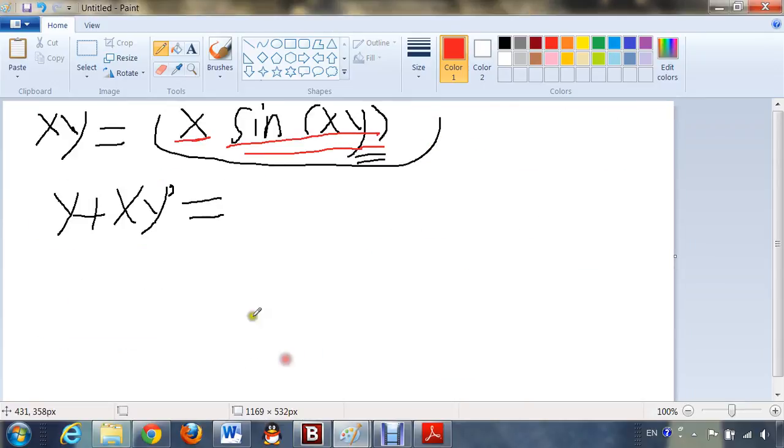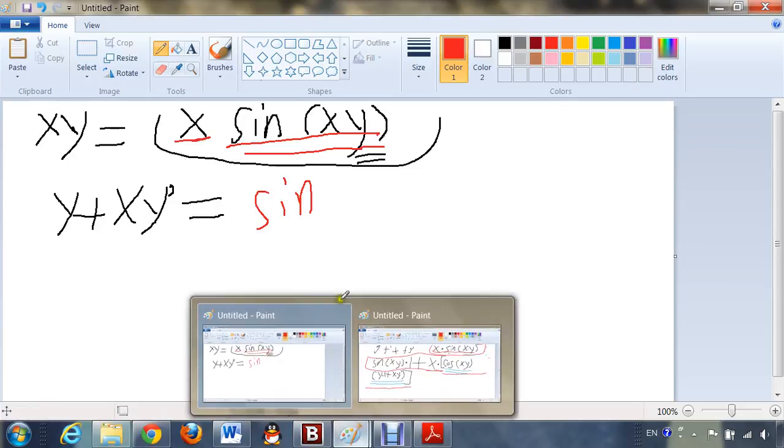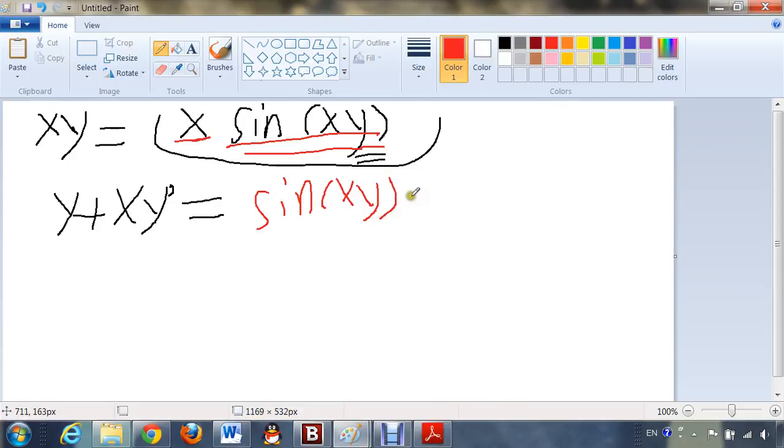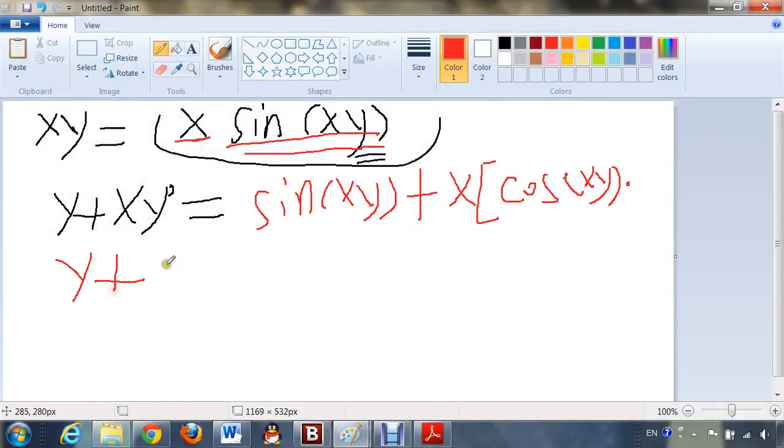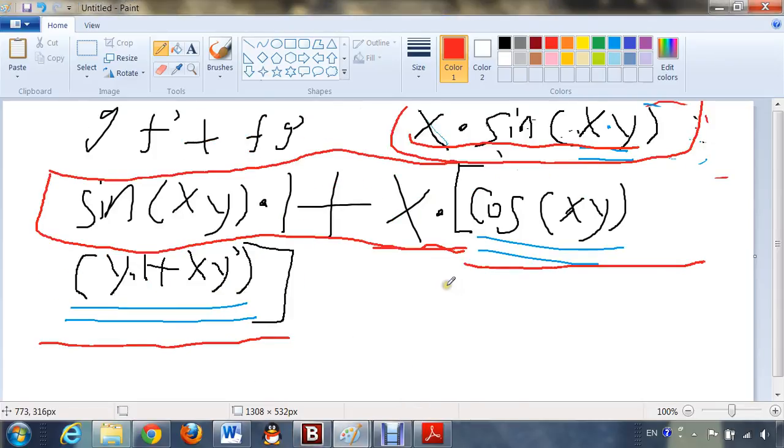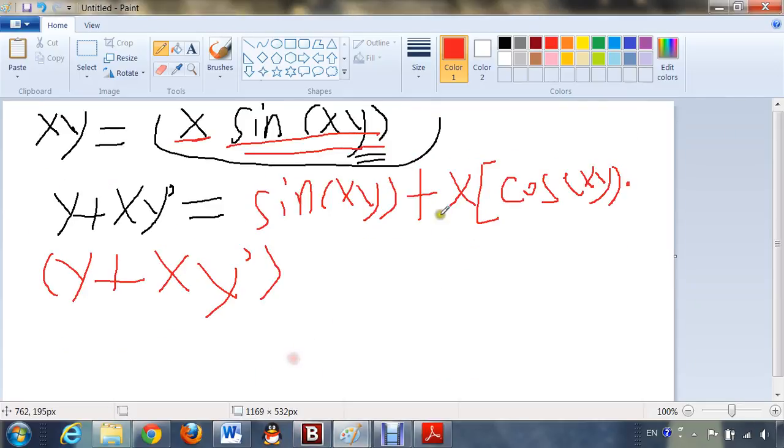This will be sine xy plus x times cosine xy times y plus x y prime. So that's the entire thing here.